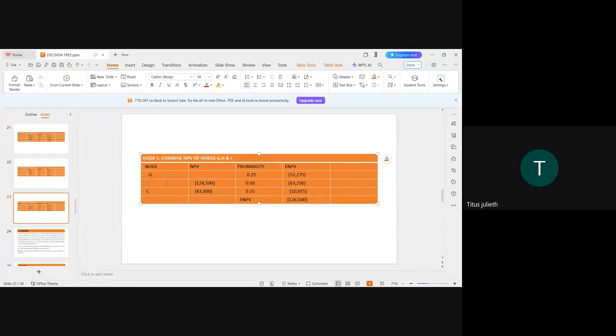G, H, I. For G is going to be what? 137,900. And for this it's going to be 220,500. And for this, it will be what? 261,800. So the probability times the expected NPV.